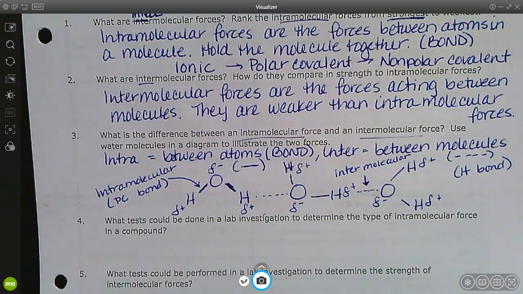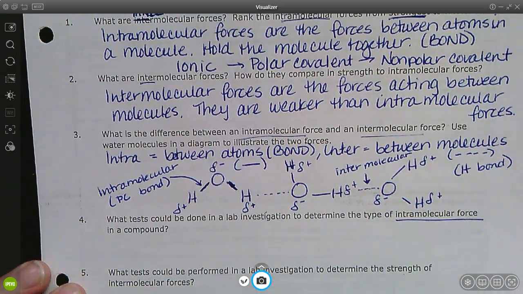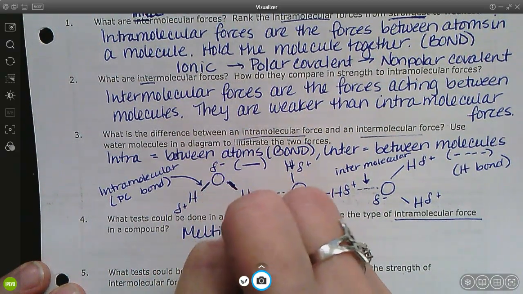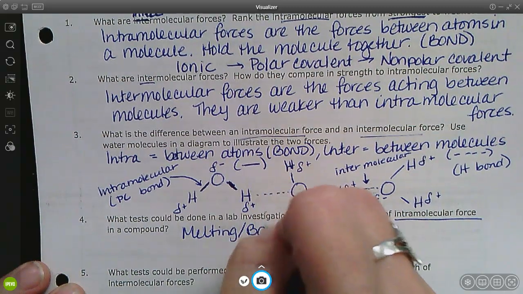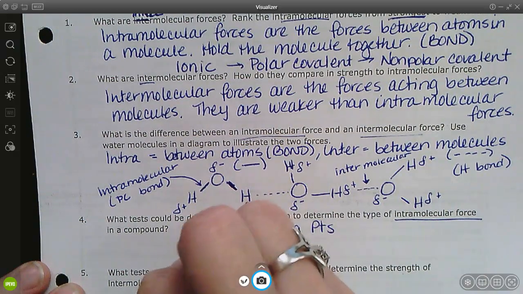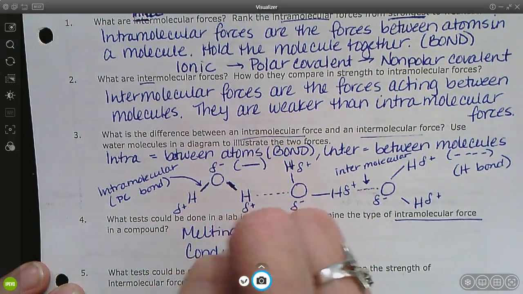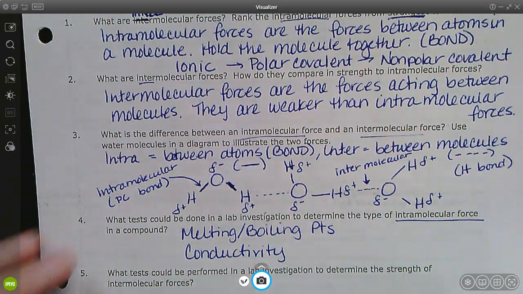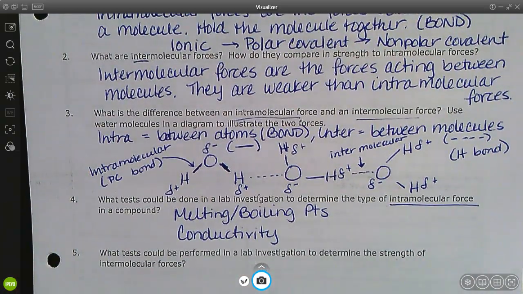What tests could be done to look at intermolecular force? Things like melting and boiling points. Okay, conductivity. This is based on if it has ions. If you put an ionic compound into water, it will go into its ion state. It makes an electrolyte.